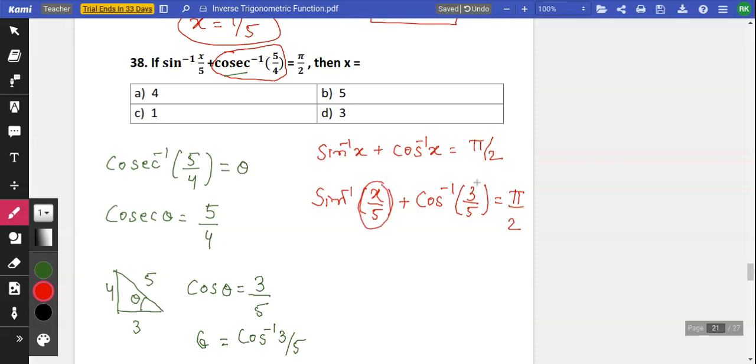Again we equate these two terms according to the formula. These two terms are equal. So x upon 5 is equal to 3 upon 5. 5 cancels out. So the correct answer is x is equal to 3. Therefore the option is D.